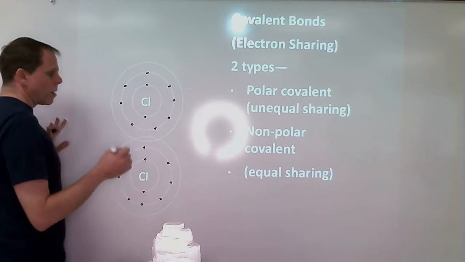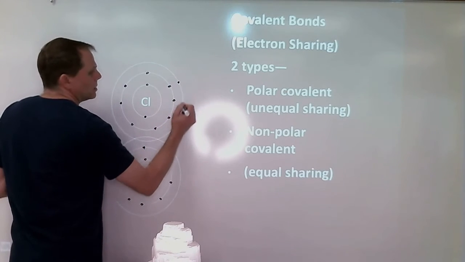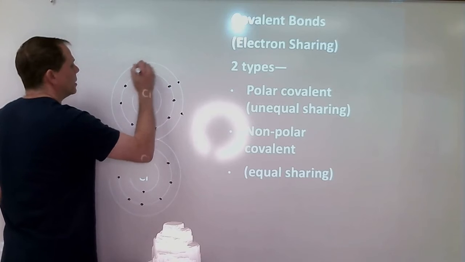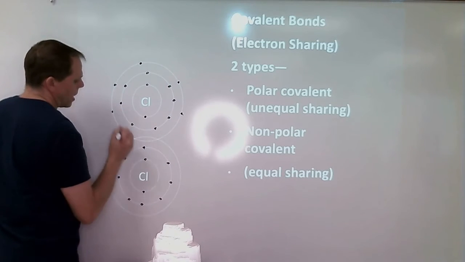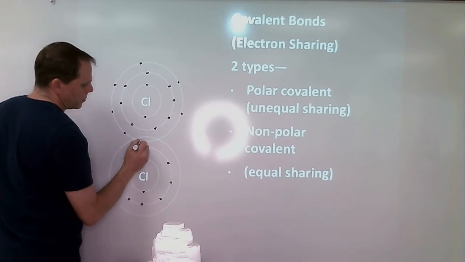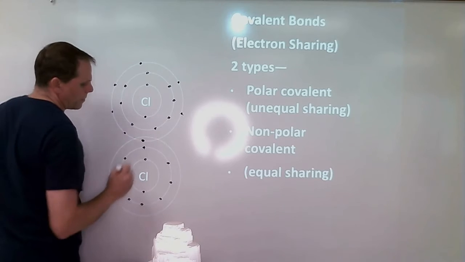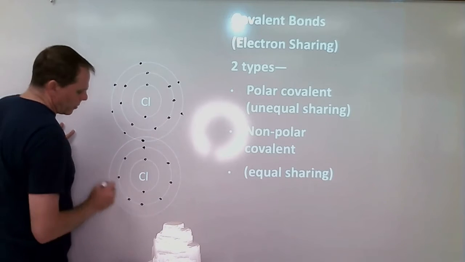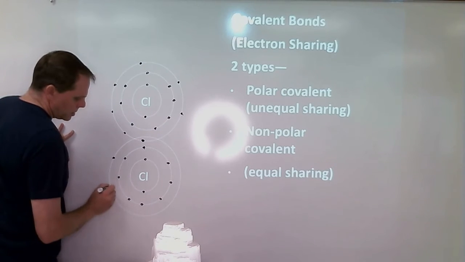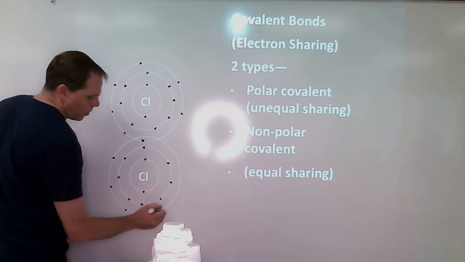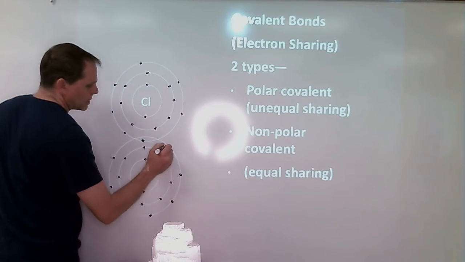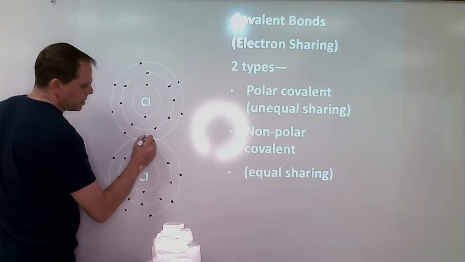In the third energy level, remember, we have 7. 1, 2, 3, 4, 5, 6. I'm going to put one of them right here, 7. And then in this second energy level, we have 7 as well. 1, 2, 3, 4, 5, 6. I'm going to put this one right in here, 7.